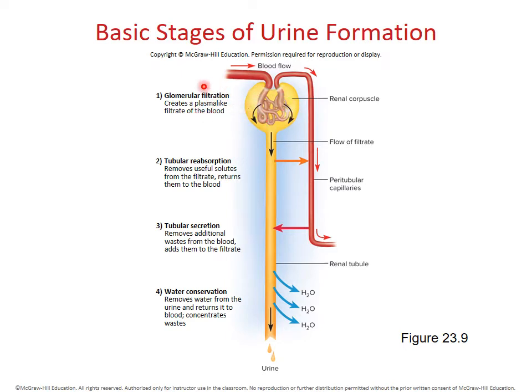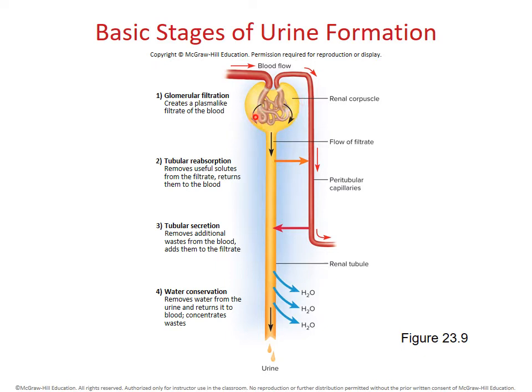And so we're going to spend quite a bit of time talking about the dynamics of filtration and the various ways that we can control glomerular filtration rates. As we will see, in all of our glomeruli combined, we filter about 180 liters of fluid a day from the blood into the glomerular capsule.